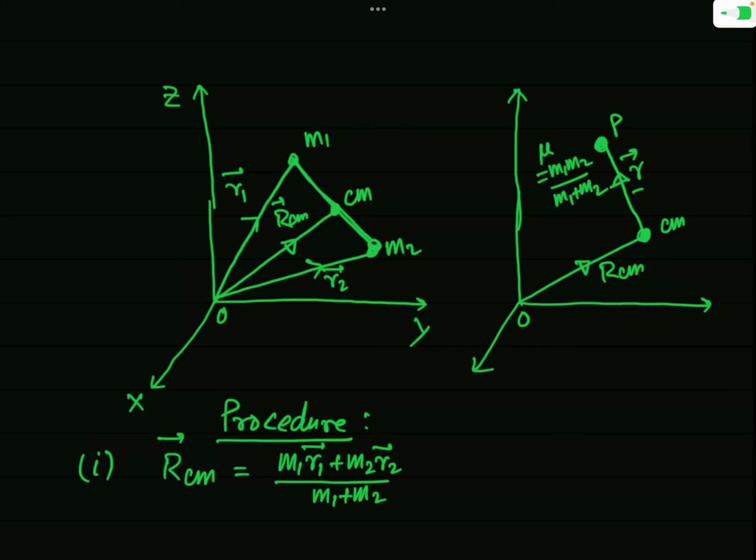It means the problem is now writing the equation of motion of a single particle whose mass is mu and position vector is R. So its equation of motion will be simply F12 internal equal to mu times R double dot.